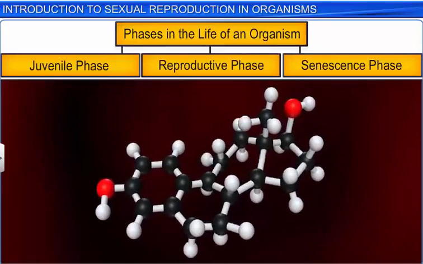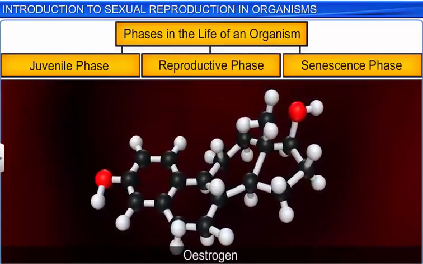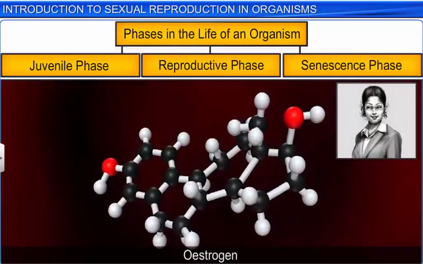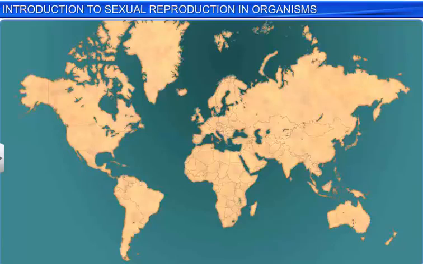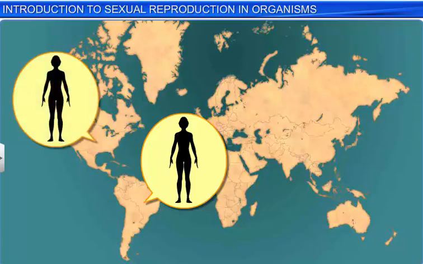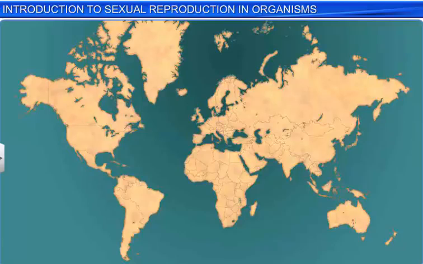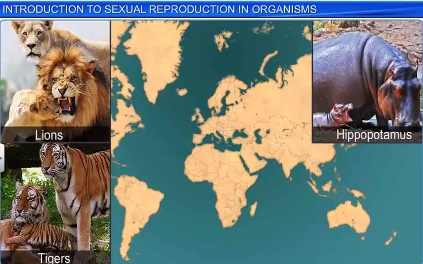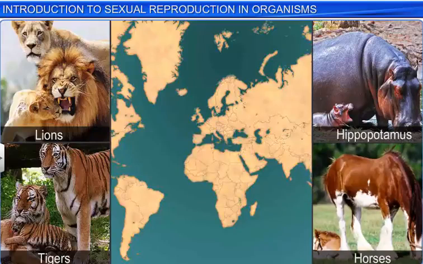For instance, the release of the hormone estrogen triggers the menstrual cycle in girls. Moreover, girls living in tropical regions experience menstruation at an earlier age than those living in temperate regions. In most organisms, the reproductive phase plays a crucial role as it ensures continuity of life.